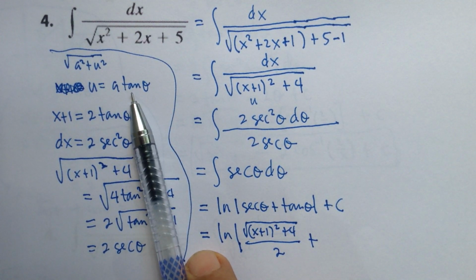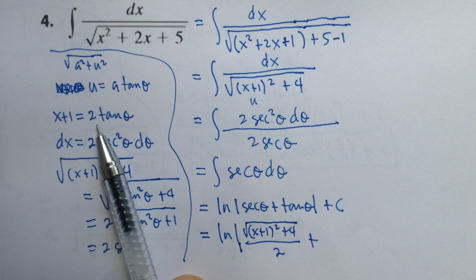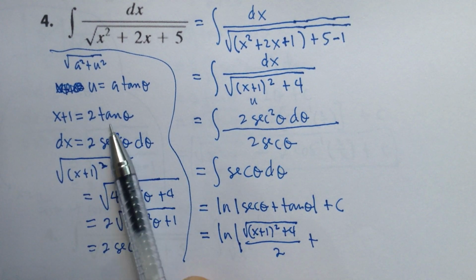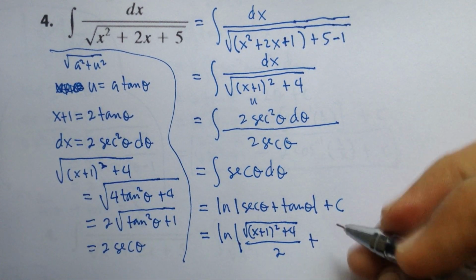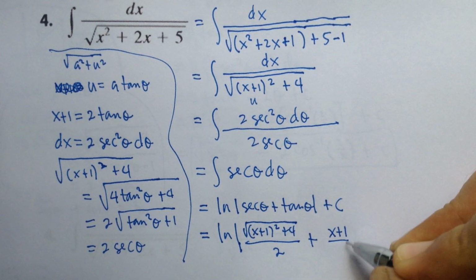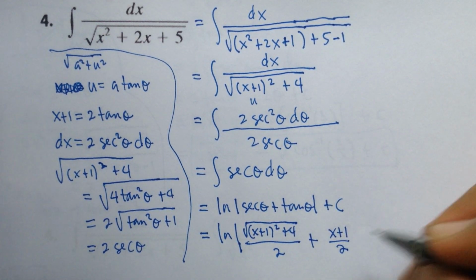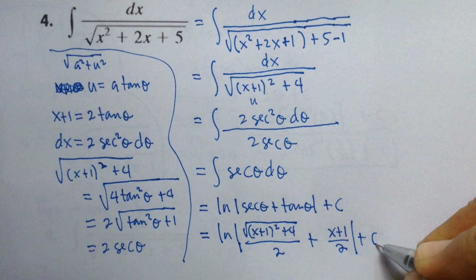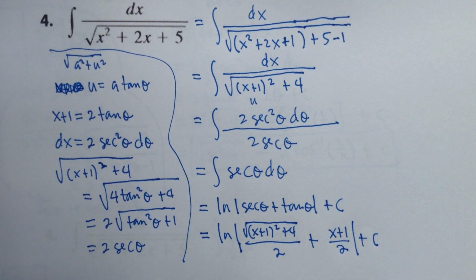Tangent theta: x plus 1 equals 2 tangent theta, so that means that tangent theta is x plus 1 over 2, then plus c.